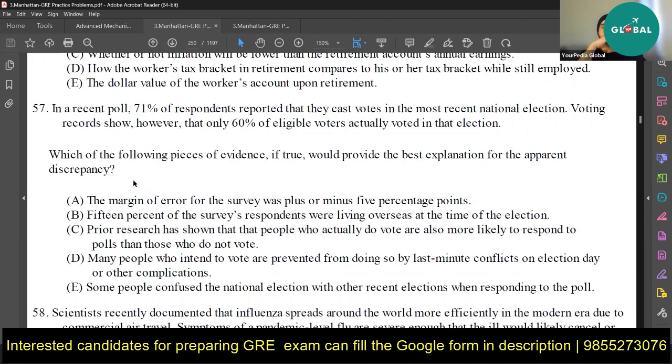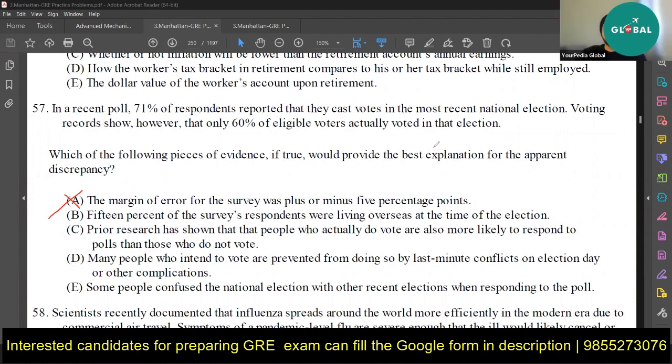First one, the margin of error for the survey was plus or minus 5 percentage points. I think it could be a margin of error because earlier it was a survey, but it's not correct.